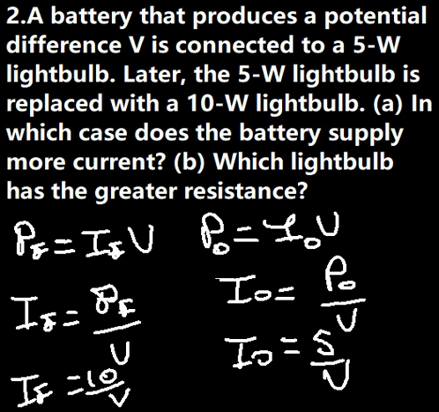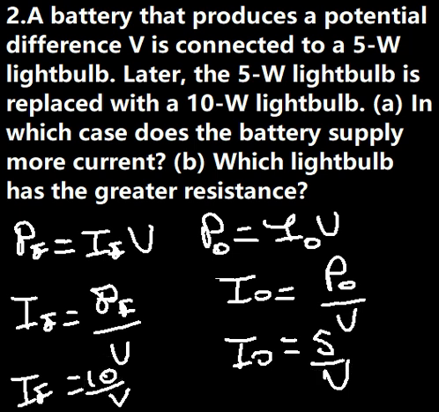So now the question says that in which case does the battery supply more current? So between this and this, where is the more current being supplied? So obviously this is the case, because the numerator is 10, while here the numerator is given as 5.